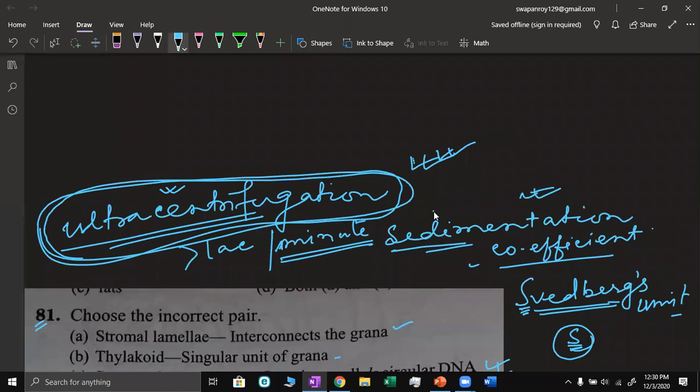One of the methods is sedimentation, where the substances settle at the bottom due to the force of gravity, but gravitational force is fixed, we cannot change it much. So centrifugal force is applied on the substance, and that force increases if the rotation per minute, that is the speed of rotation, is increased. In ultracentrifugation, this rotation rate is more than a lakh.